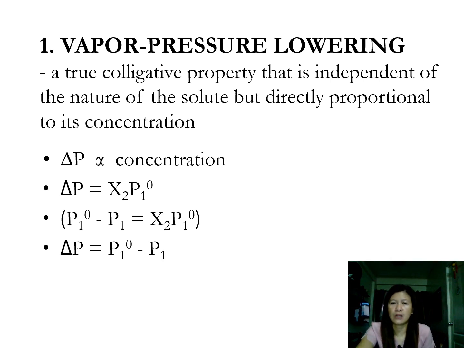As we have established, solubility is favored by an increase in disorder, or vice versa, an increase in disorder favors solubility. Since there is greater disorder when a solute is dissolved in a solvent, there is a smaller tendency for the solvent particles to break away from the solution, and therefore a lower vapor pressure, because vapor pressure is a result of the escape of particles from the liquid.